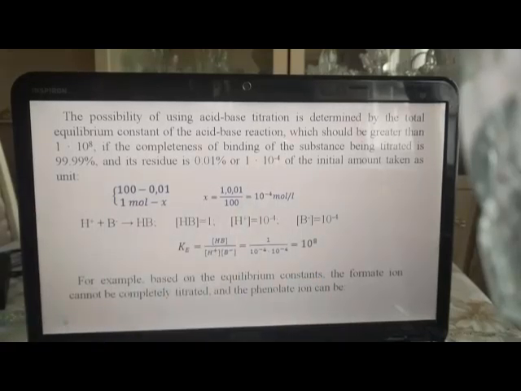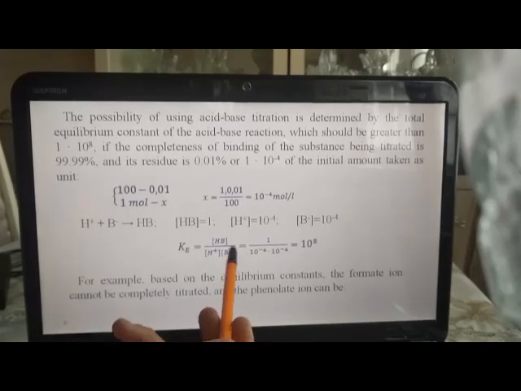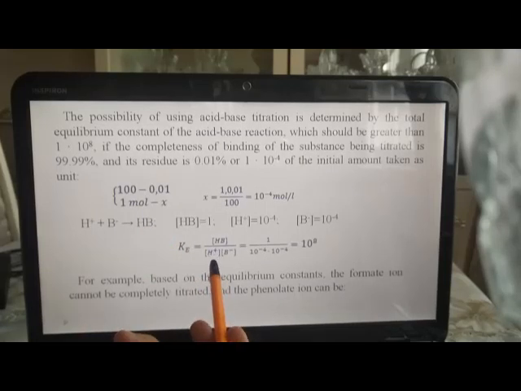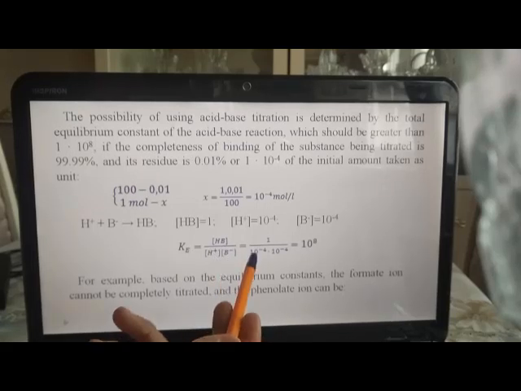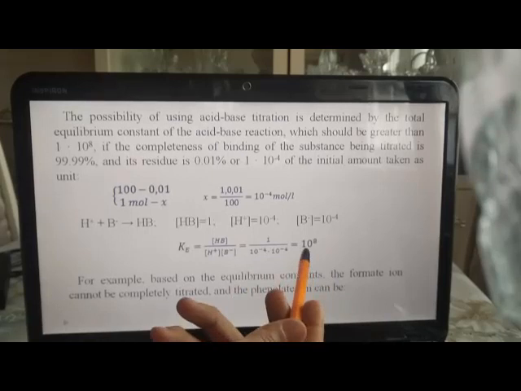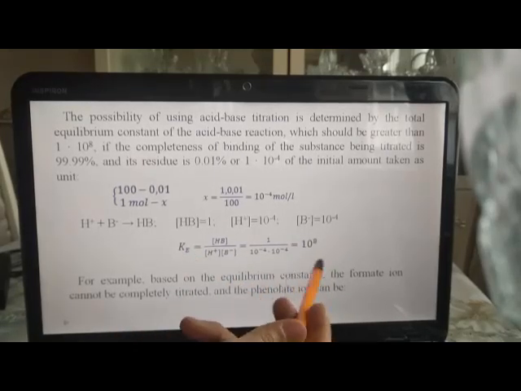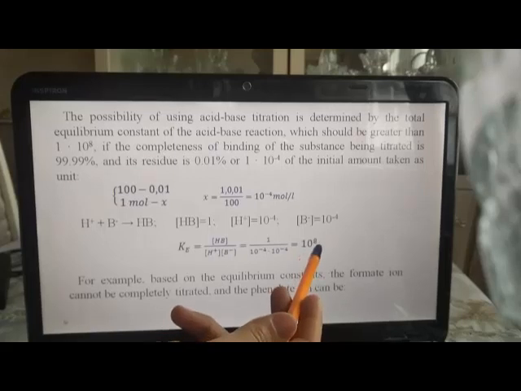The equilibrium constant we can find from the equation: concentration of the acid divided by the concentration of hydrogen proton multiplied by the concentration of B minus, and from this we find that the equilibrium constant is equal to 10 to the power of 8.